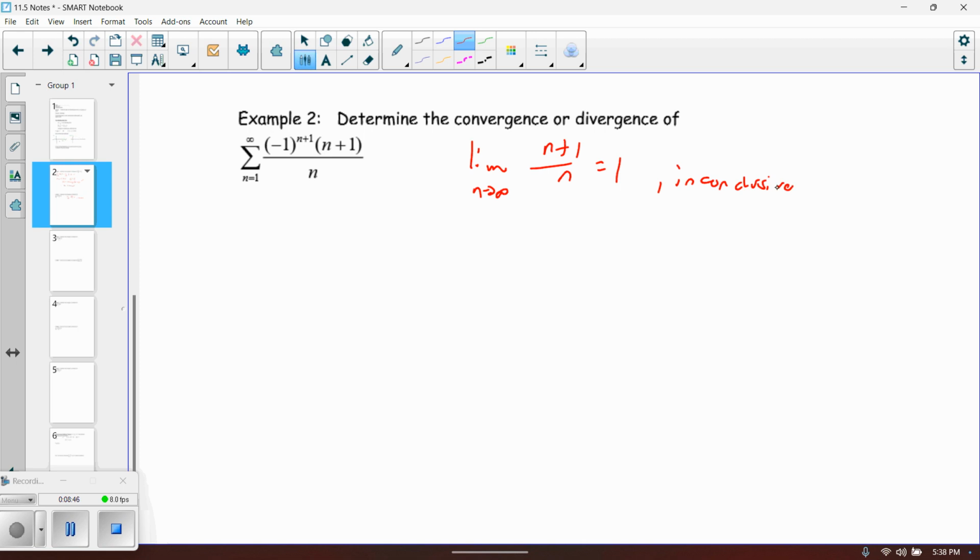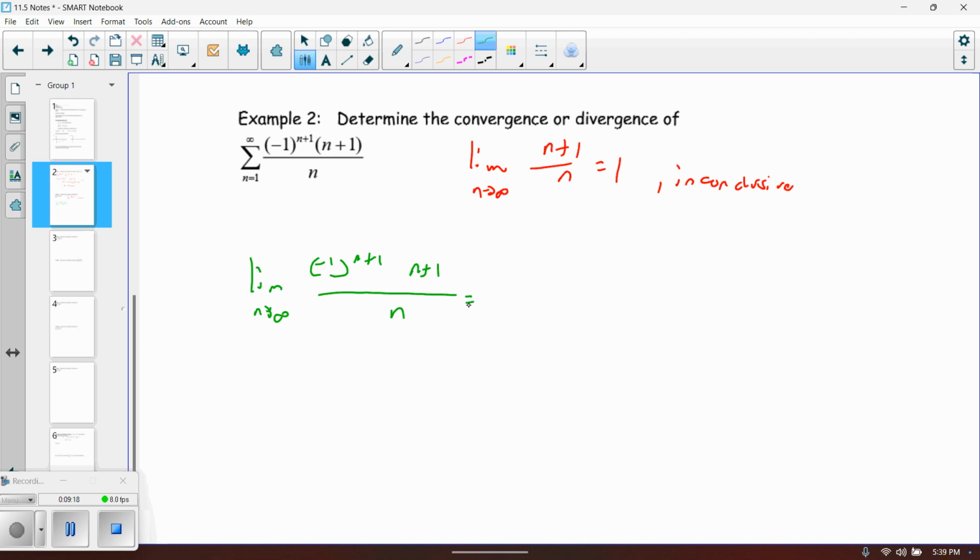So we have to try something else. So let's just try taking the limit straight up. Let's try the nth term test for divergence by taking the actual limit of this. Well, the problem with this is if you take the limit including the -1 to the n plus 1 term, you don't know what this thing is going to approach. It's either going to approach 1 or it's going to approach -1.